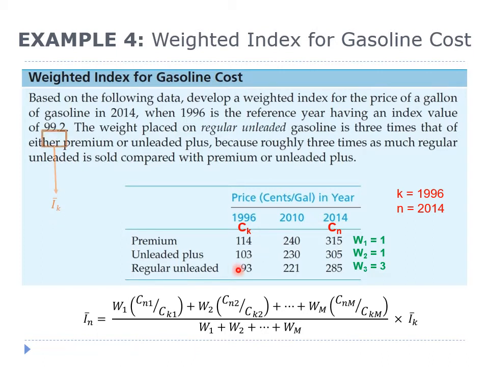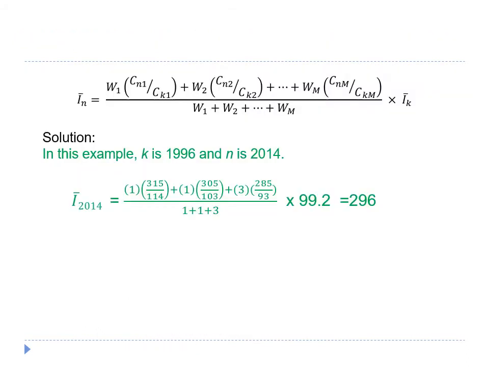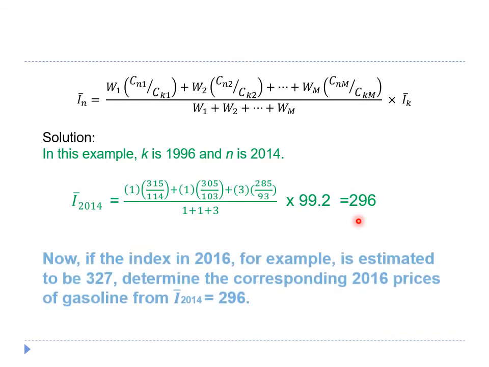IK here is the index value for 1996, which is 99.2. By substituting these values in this formula, we get the composite index in 2014, as shown in the next slide. So the composite index in year 2014 is equal to 296.